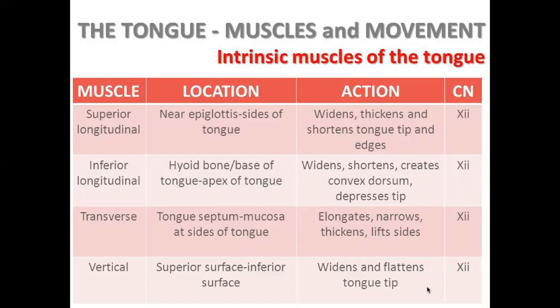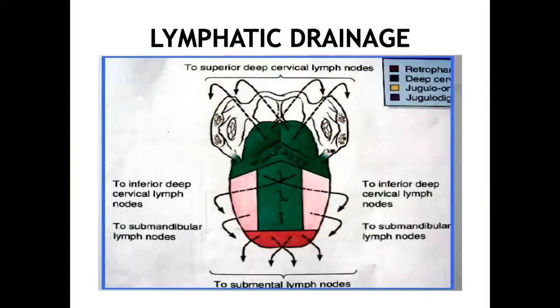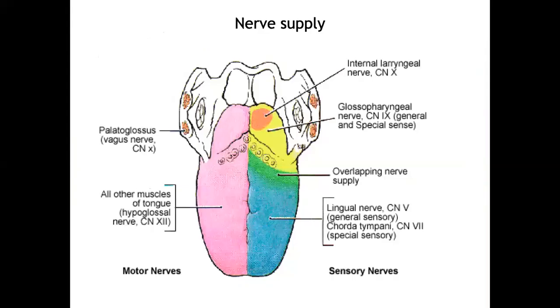So these are the intrinsic muscles. All are supplied by hypoglossal nerve. What about extrinsic muscles? It is mentioned here. All the muscles of the tongue are supplied by hypoglossal nerve.